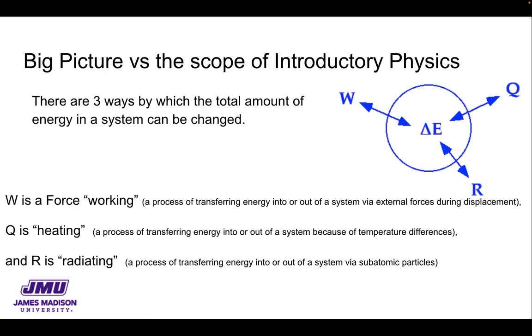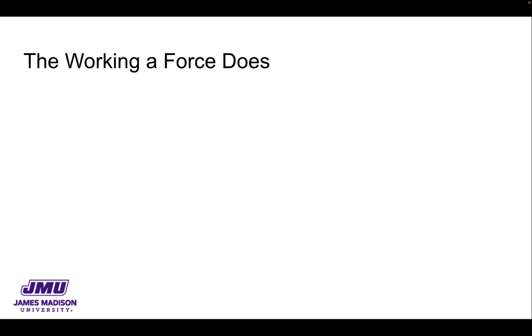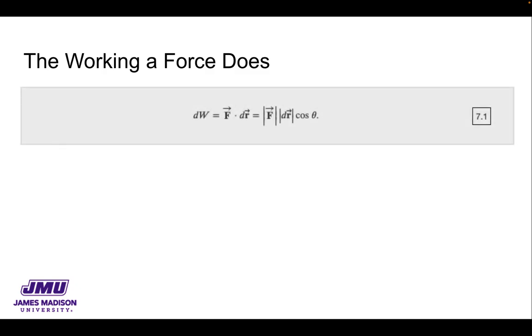As introduced in the previous video, the way we talk about the energy of an object being changed by a force is that we say the force is doing work on that object. The work a force does is the topic of OpenStax's University Physics Chapter 7. As it says here, the increment of work, dW, that is done by a force F as it acts on an object through displacement steps dr is equal to the dot product of those two vectors.